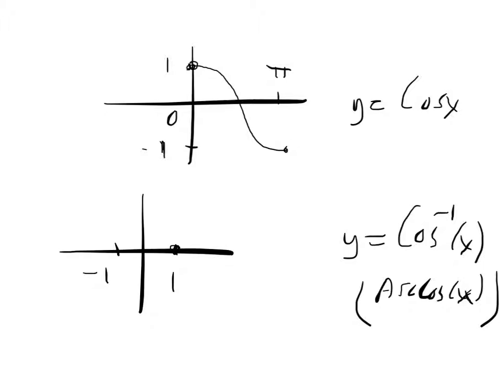If I look at the graph of this, it is going to look something like this. Where I had pi over 2, 0, I'll have 0, pi over 2. Where I had 0, 1, I will have 1, 0. Where I had pi, negative 1, I'll have negative 1, pi. So we know what the graph of the inverse looks like.